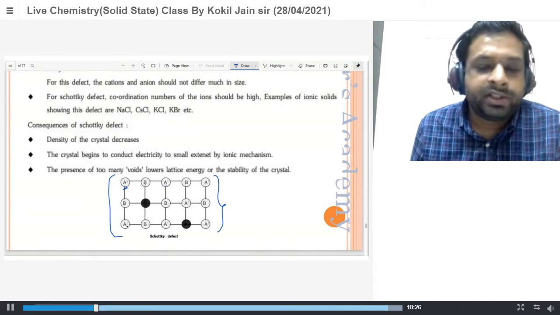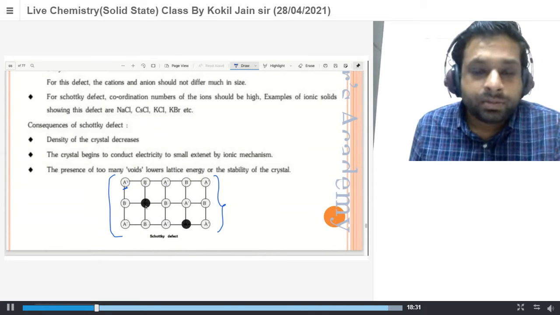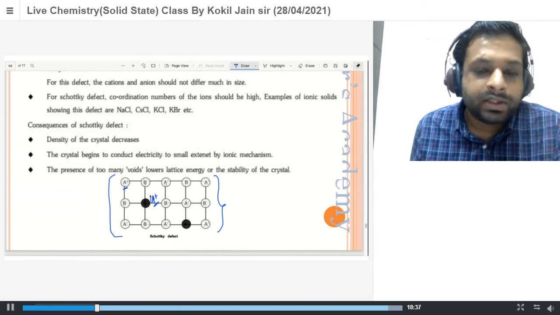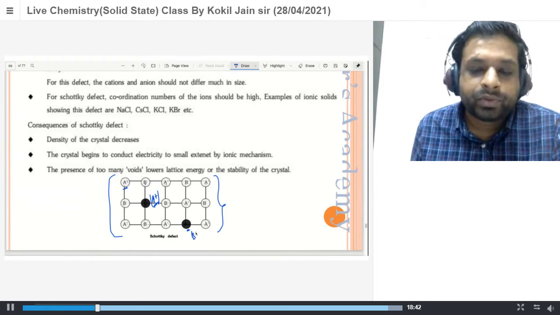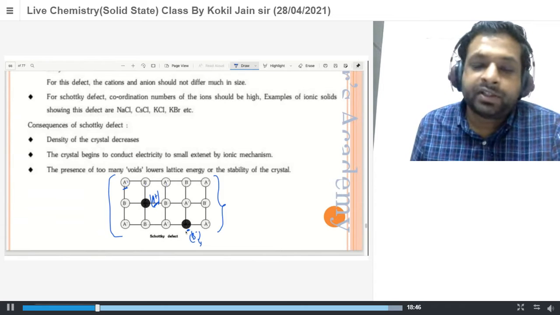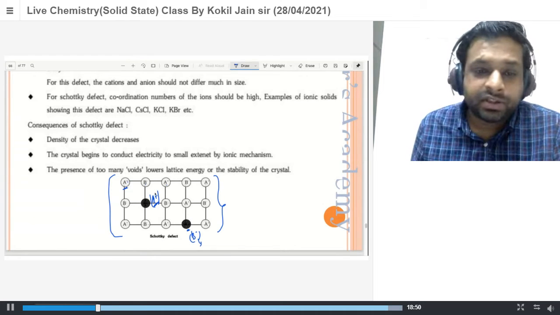But what we did in this defect was, due to let's say thermal decomposition, one A plus ion is removed here, and here we have removed one B minus ion. So effectively the stoichiometric ratio of A and B is maintained, but this has created two holes here. These are called holes.